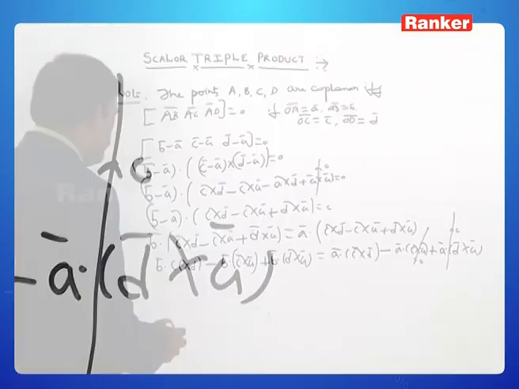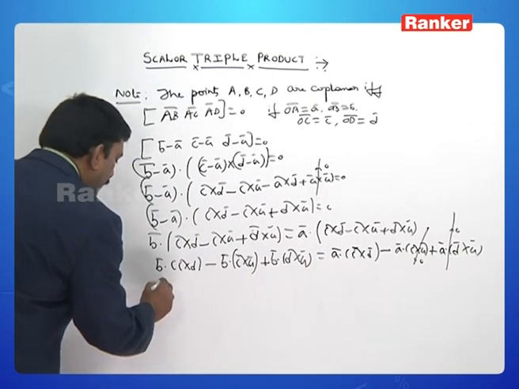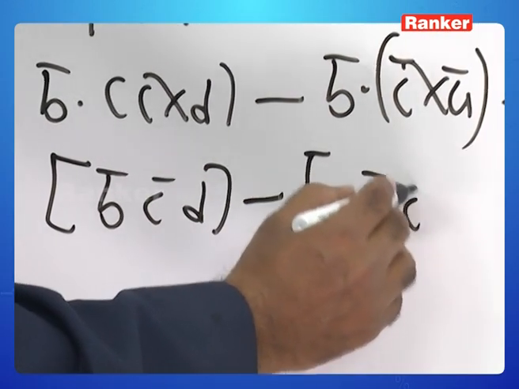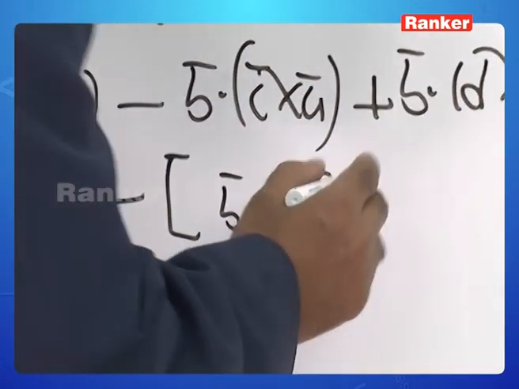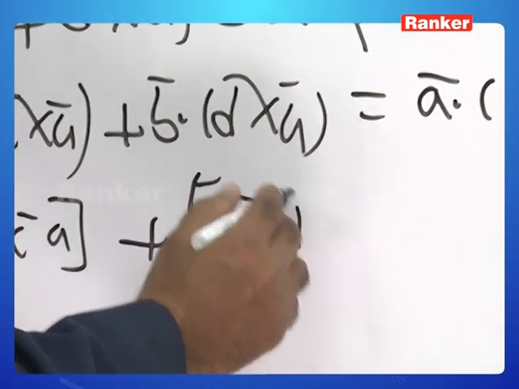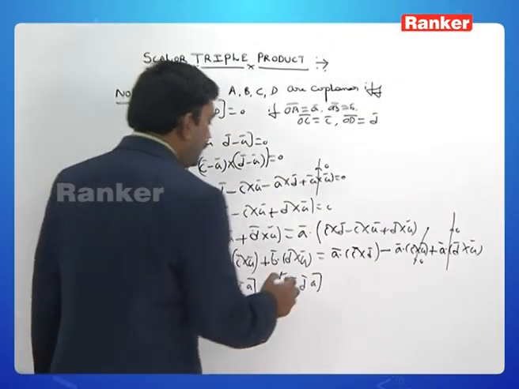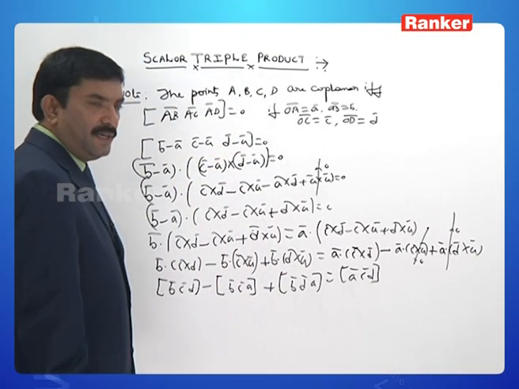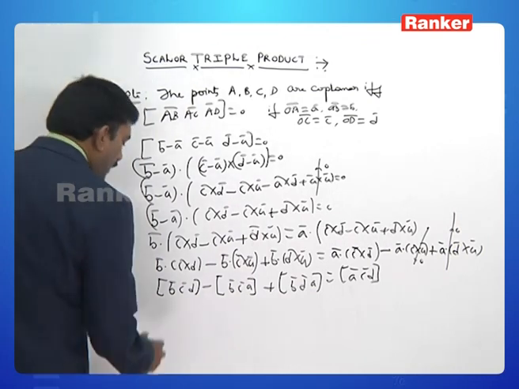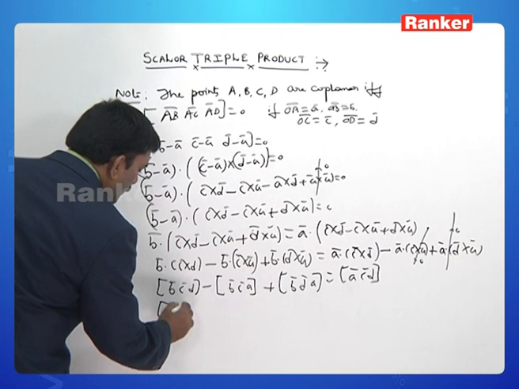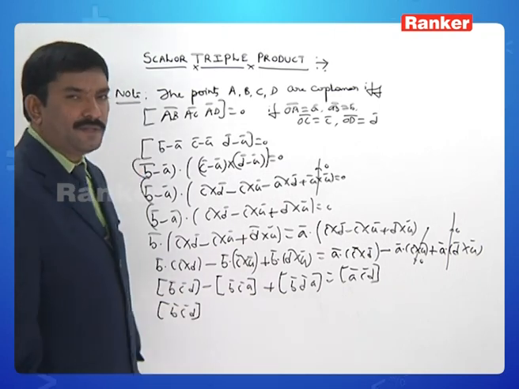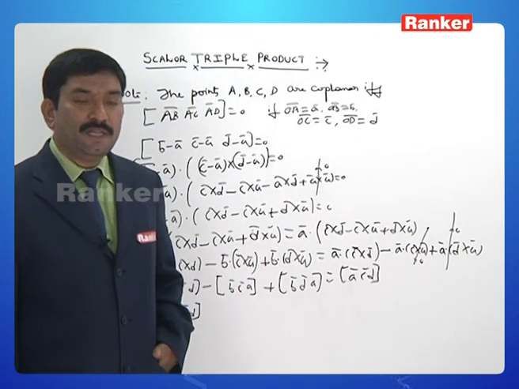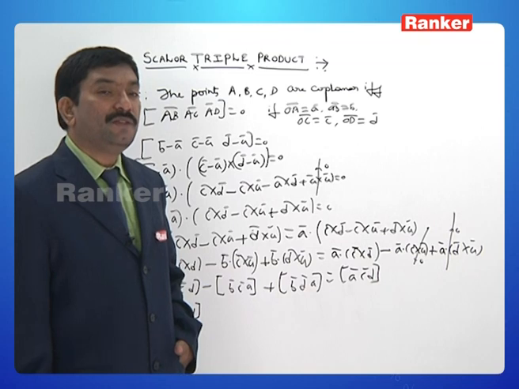So now coming to this one, I can write box of BCD minus box of BCA plus box of BDA, which equals box of ACD, right? In a box product, dot and cross are interchangeable, and vectors can be interchanged in a cyclic order without the sign changing.